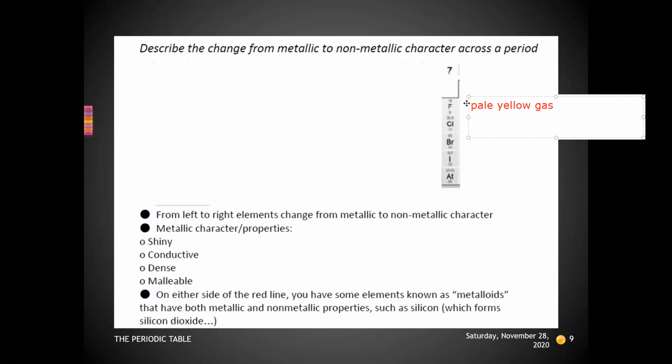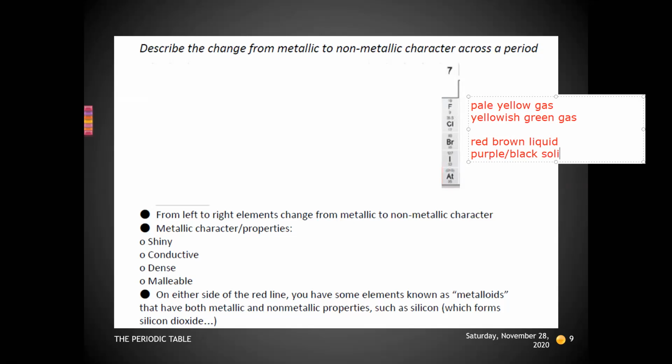For chlorine, it is a yellowish green gas at room temperature. For bromine, it is a red brown liquid at room temperature. For iodine, it is a purple or black solid.